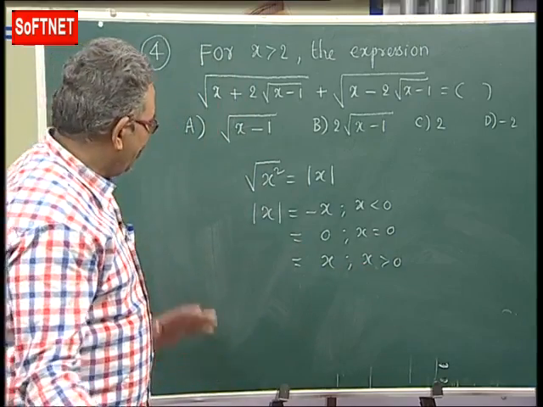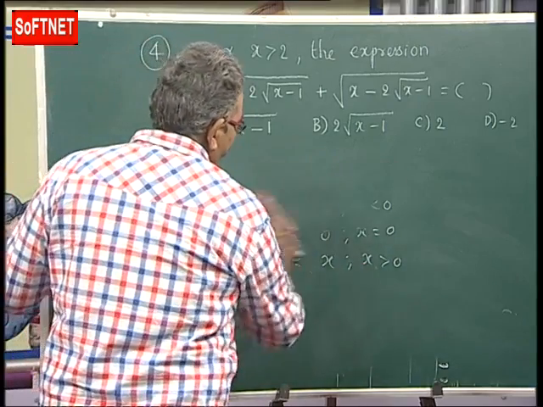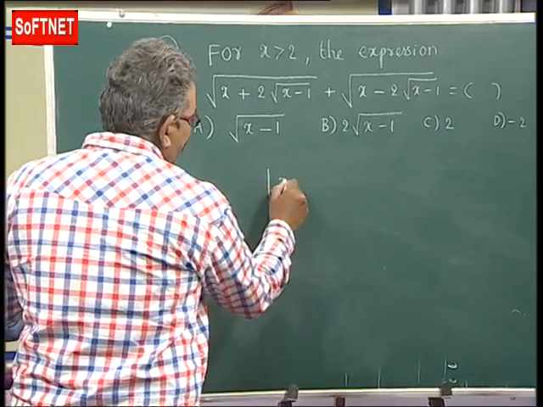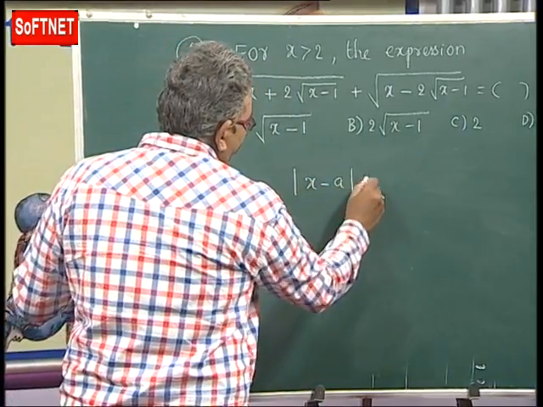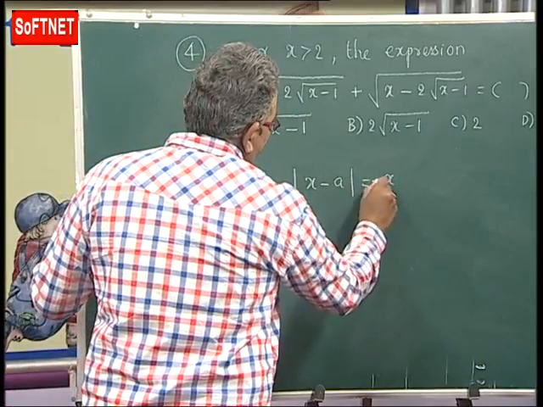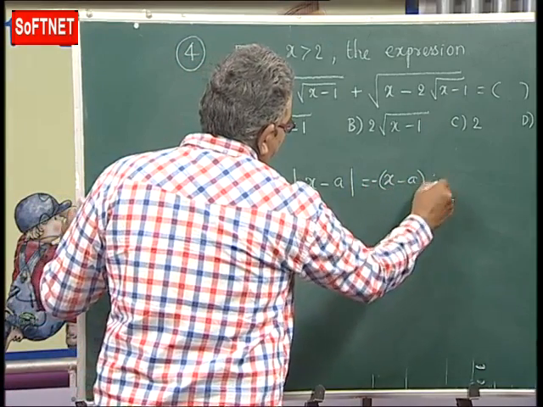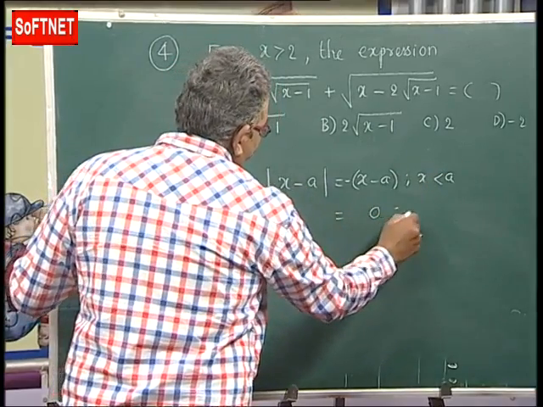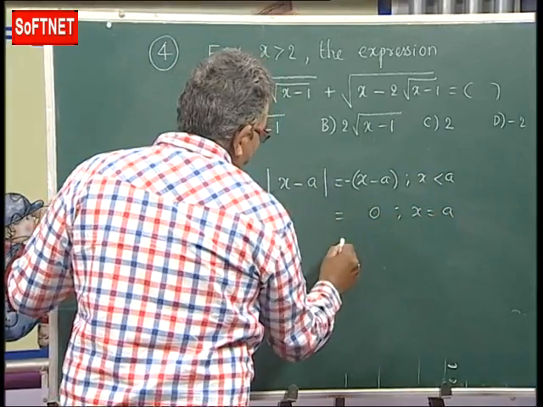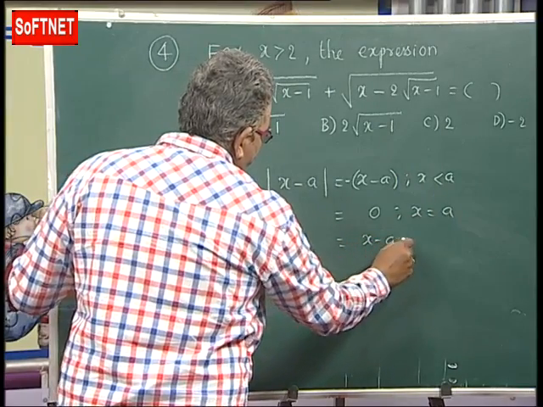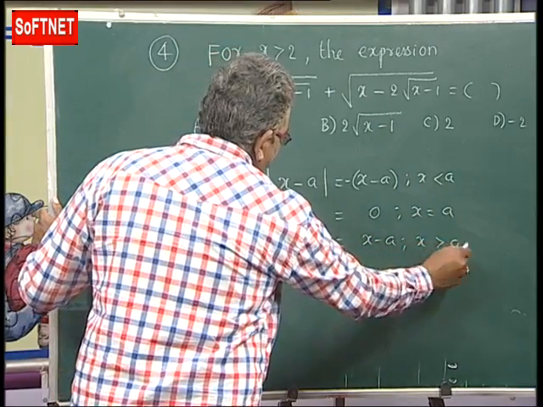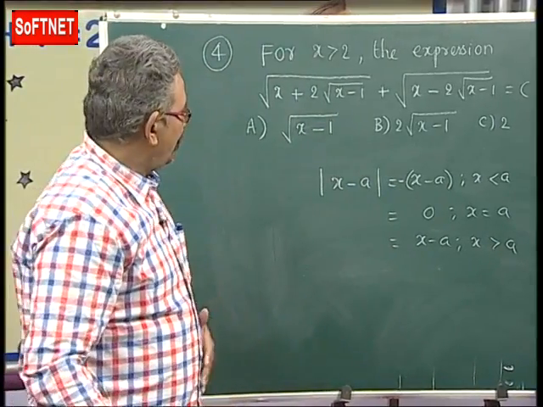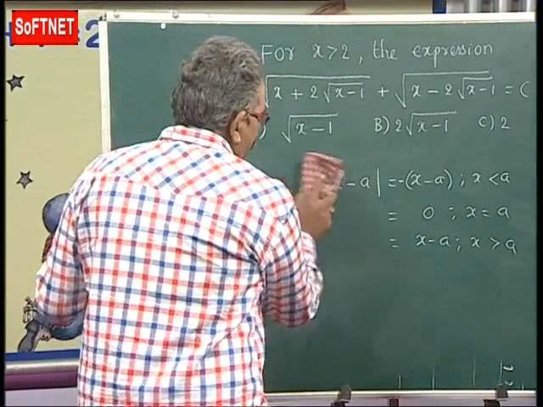Similarly, mod of x minus a is equal to minus of x minus a if x is less than a, equal to 0 when x is equal to a, and equal to x minus a when x is greater than a. So better you remember this concept.